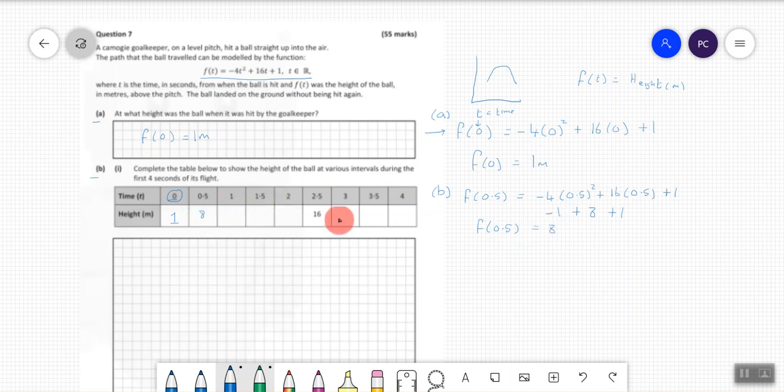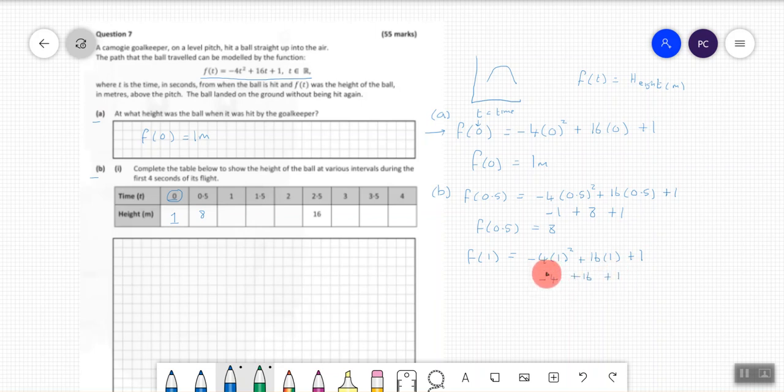Then we want to do this one. f(1) is going to be equal to minus 4 times 1 squared plus 16 times 1 plus 1. So this will just be equal to minus 4, this is plus 16 and then plus 1.